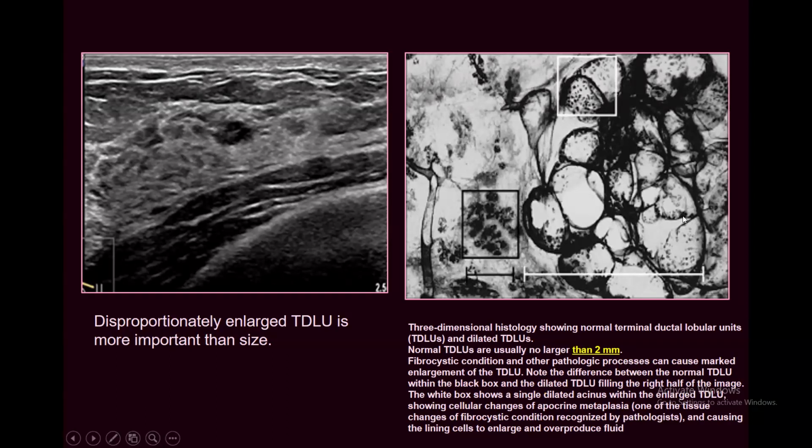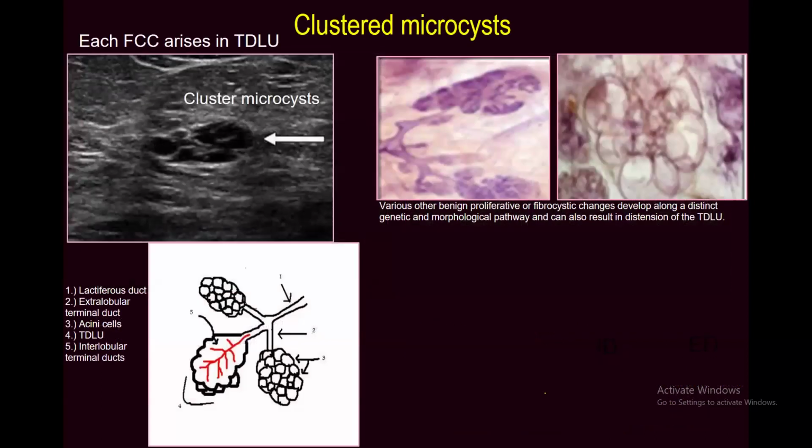And these histopathology illustrations correlate a normal terminal duct lobular unit with enlarged terminal duct lobular units. All these are acini, enlarged acini, and these tiny black dots represent what? Apocrine metaplasia.